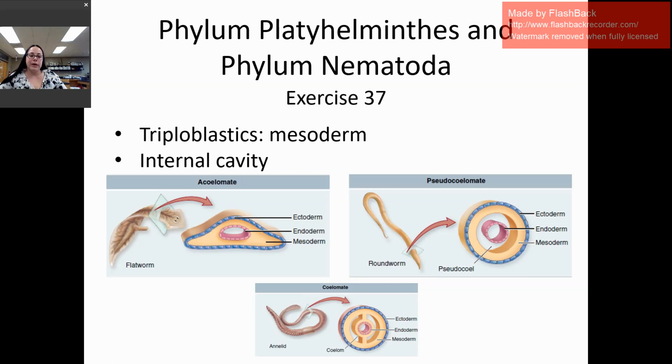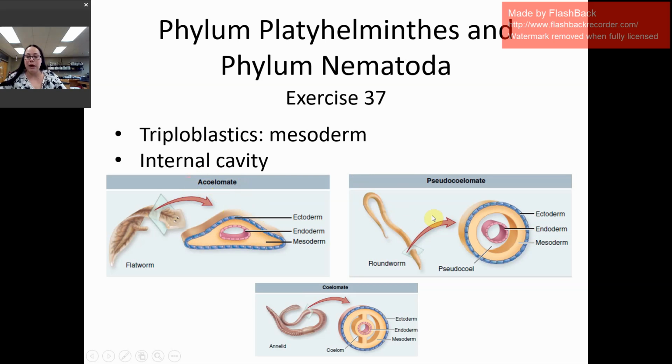In flatworms, there is no cavity in the mesoderm. If you look at that yellow layer, it's fully compact, no coelom, so we refer to them as acoelomate, which means no coelom.